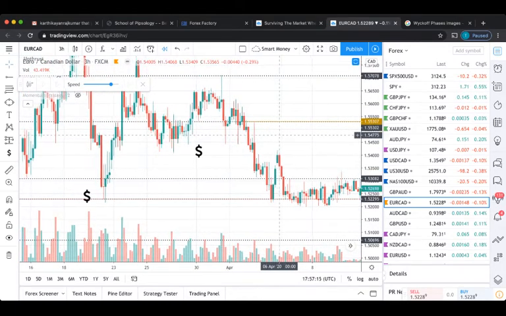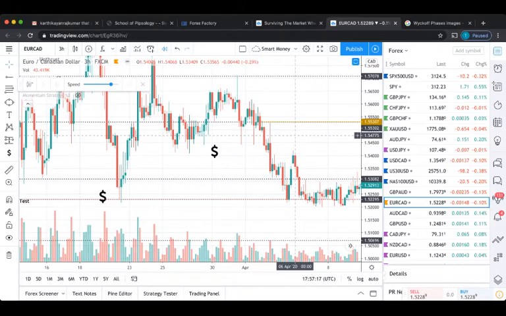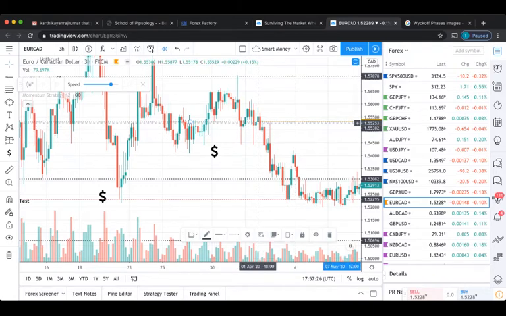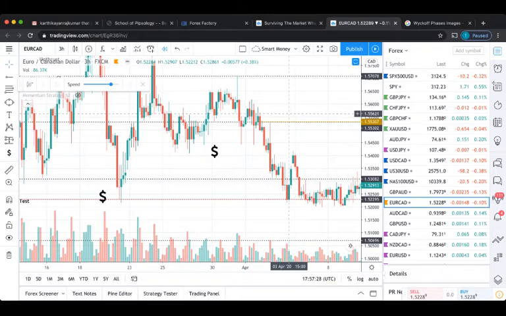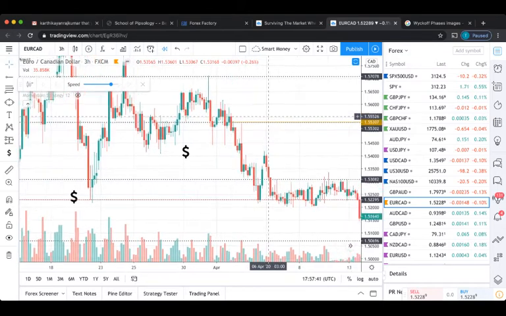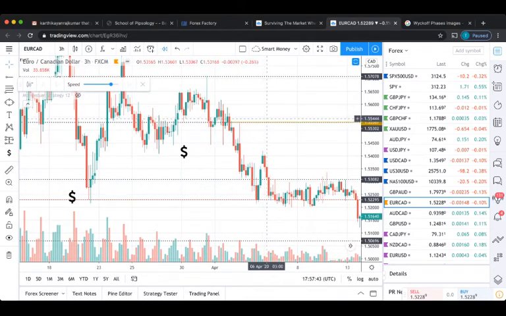If they're going to start putting in some money, it's going to happen at the very beginning of that candle, because as soon as they put their money in, that's what's going to cause that candle to shoot up, right? So even though you can see the big money in the daily candle, they're not putting all their money in the entire day. They're going to put it in a specific time of the day, and when they do, it's going to cause that candle to grow, right?